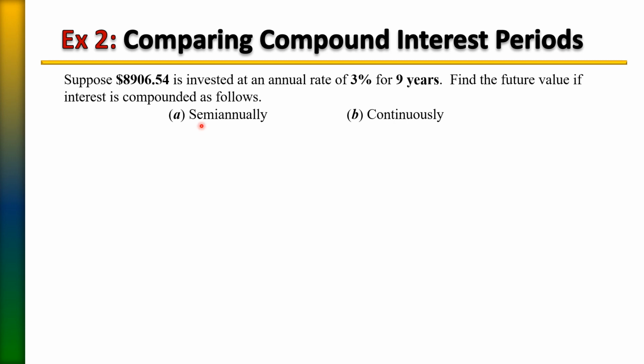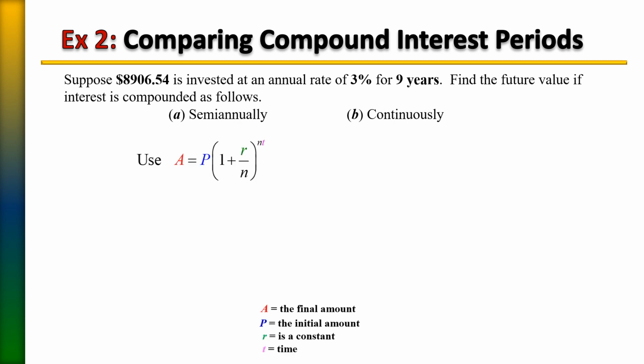Because this is semi-annually, that's going to be your regular compound interest formula, which is totally different from continuous. For continuous, you use the PERT. For semi-annually, you use regular compound interest. So we remove the P, the amount put in, and replace it with 8906.54. We remove the R and replace it with 0.03. We remove the N and replace it with what?